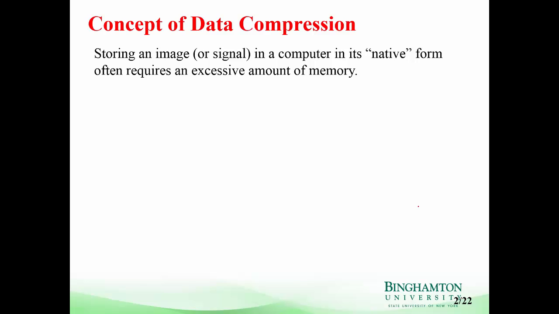The point is that to store an image or a signal, so you get a signal directly off a CD, it's going to be 16 bits per sample. The samples come at a rate of 44,100 samples per second.